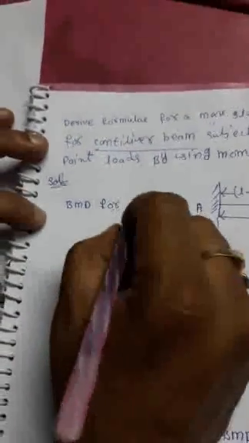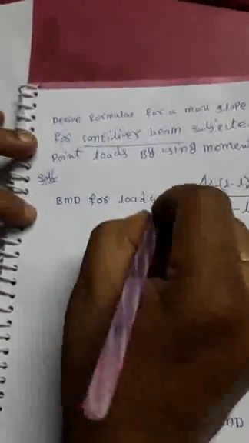So the BMD for W1 can be determined separately and the BMD for W2 determined separately. The two diagrams are denoted separately. Here is the BMD for load W1.